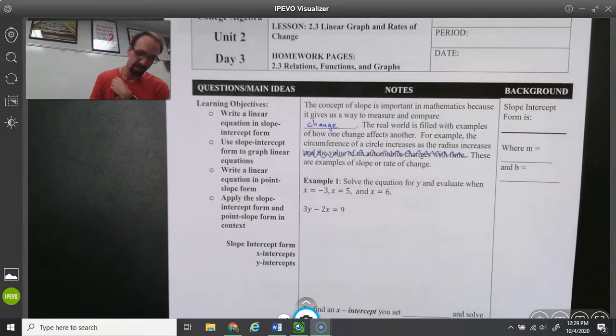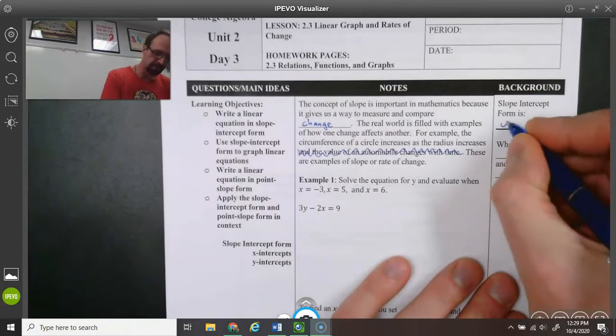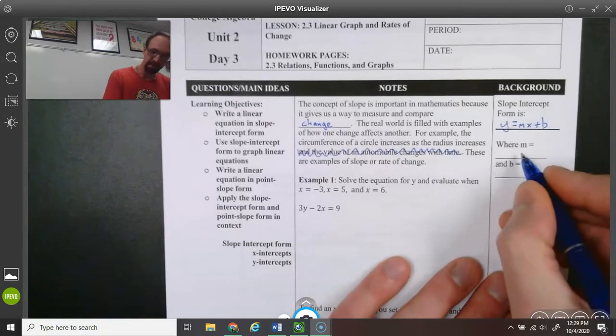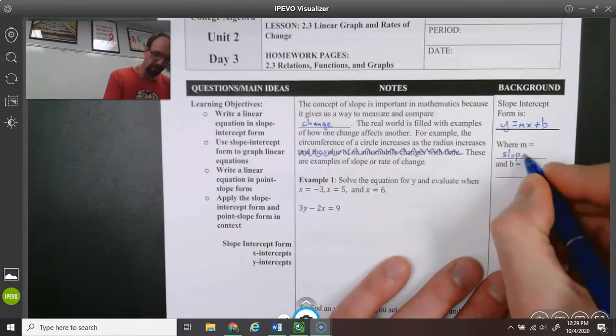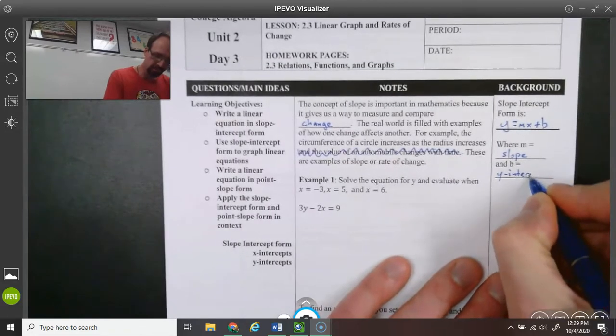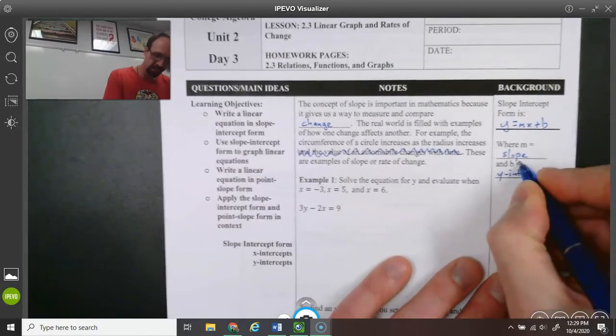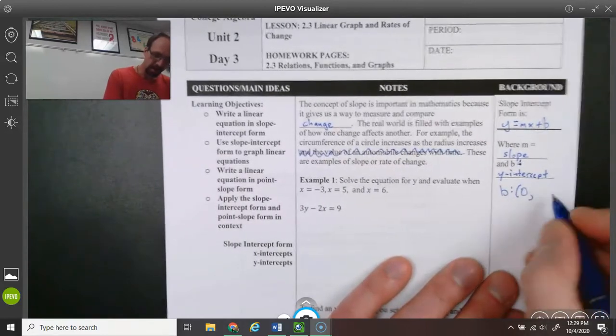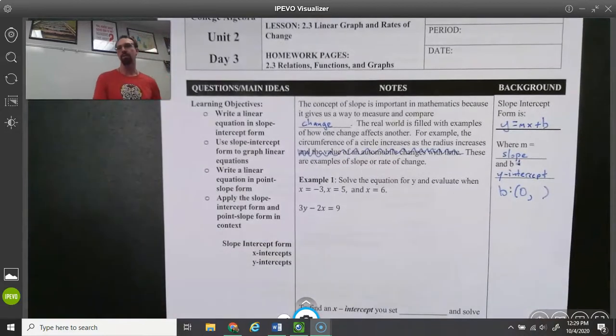The slope-intercept form, this is a review, is y equals mx plus b. M is our slope, and b is our y-intercept. You will see me frequently use b colon, 0, comma, and then whatever the value is for the point. I do that specifically to point out that b is a point.